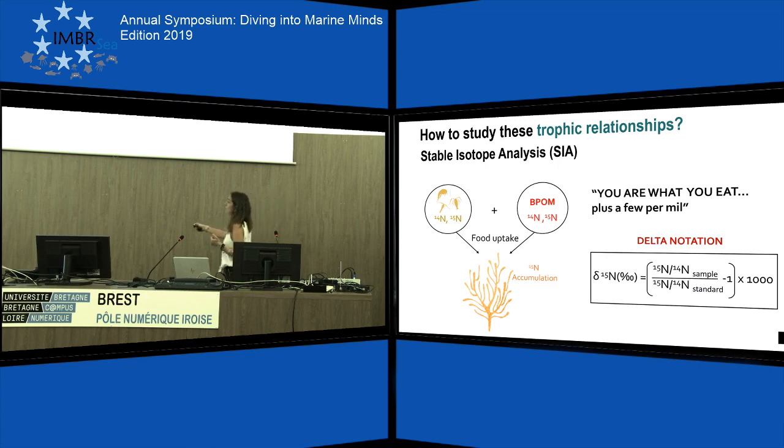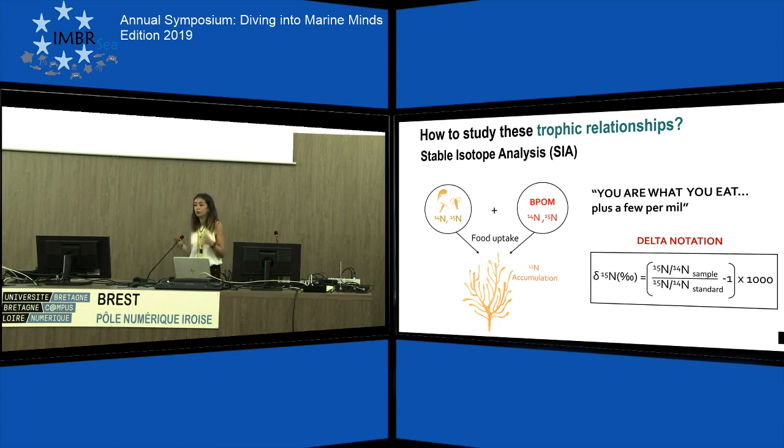Imagine the diet of a coral, a consumer, is composed of zooplankton and benthic particulate organic matter, or BPOM. And these preys have a specific isotopic composition, for instance, nitrogen 14 and 15.